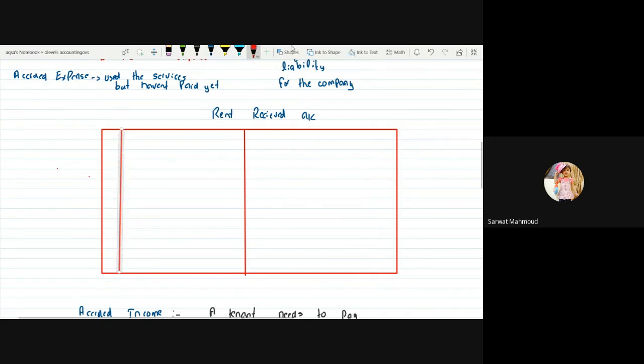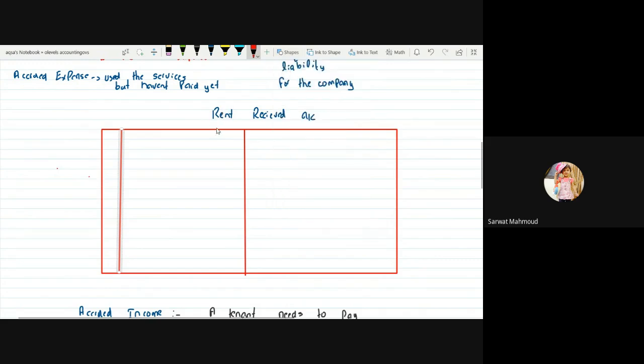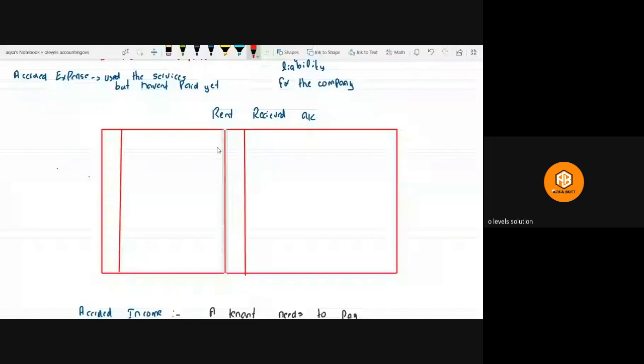Also, I was reading one past paper and it was written that rent amounted to. What does amounted to mean? They used the word amounted. If I say the rent amount is 15,000, I can say rent amounted to 15,000.